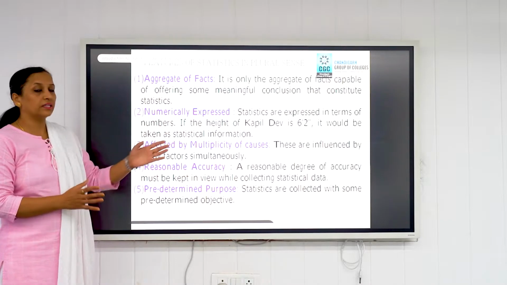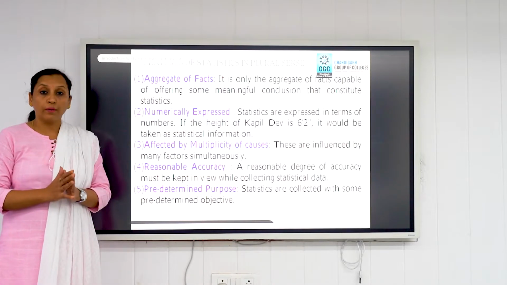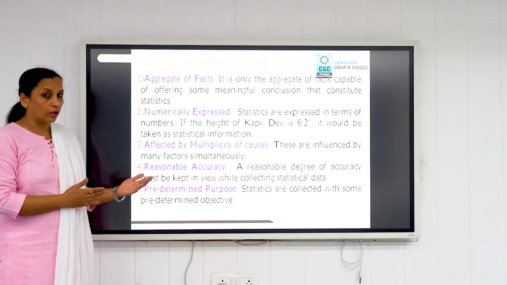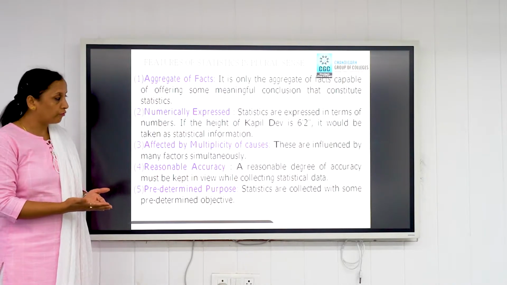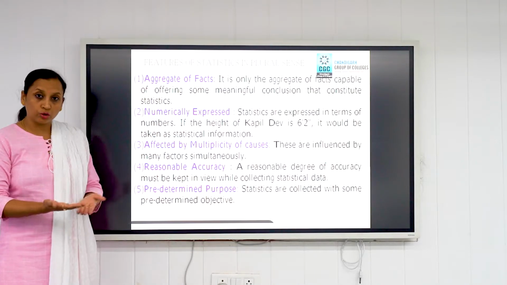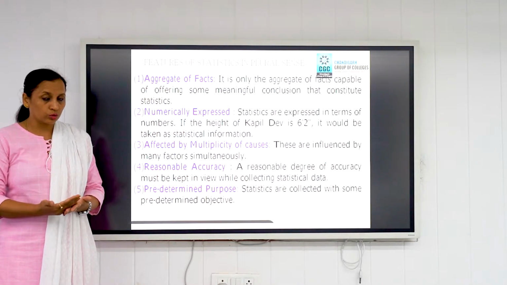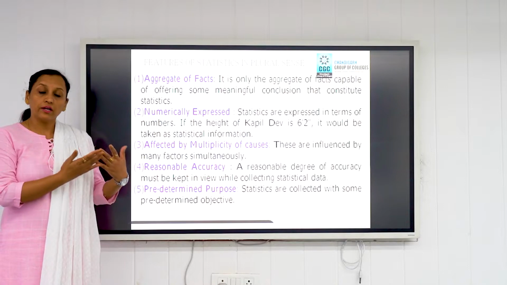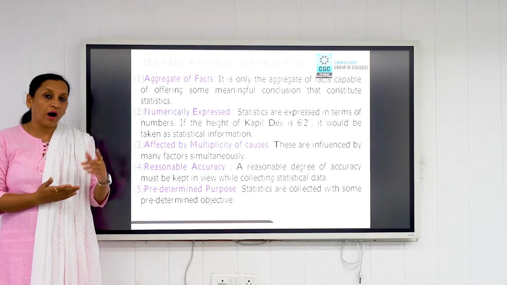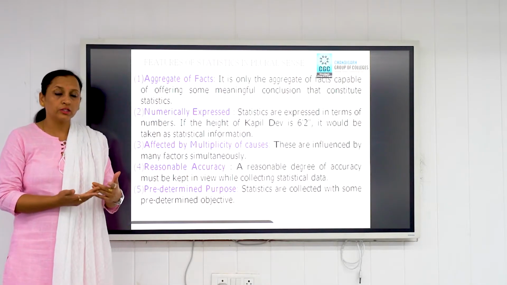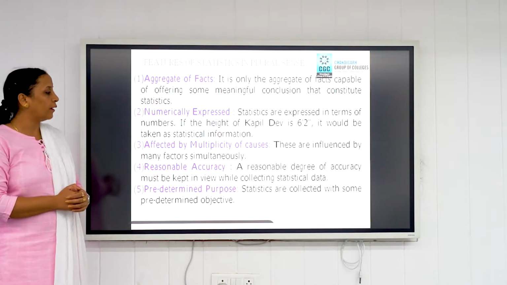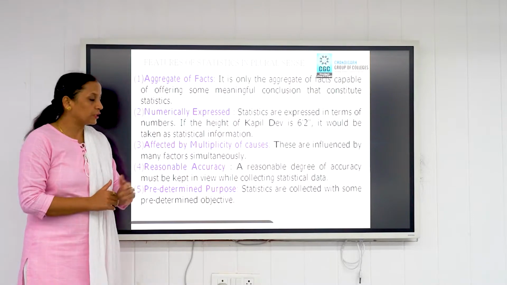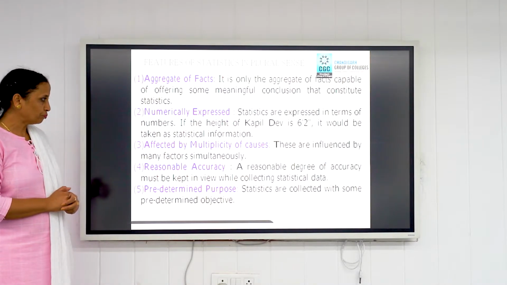The second one is data only in numbers. Then we can analyze that data in statistical form, like marks of students. If we collect the marks of the students, this is in numbers. If I collect only one student's marks, this is not statistics. Then it is affected by a multiplicity of causes.